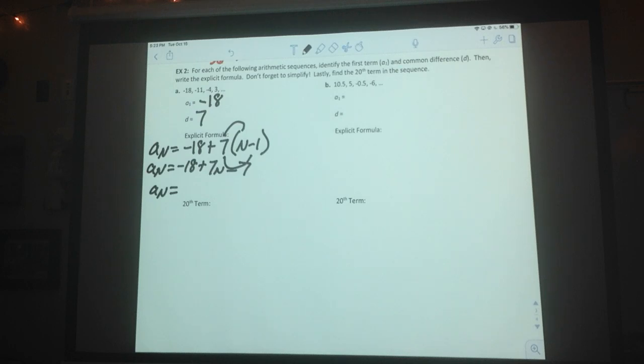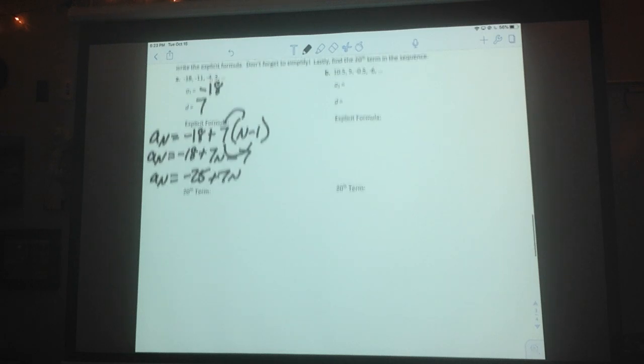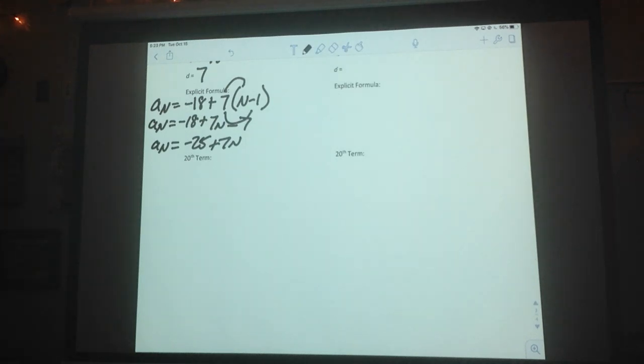Negative 18 and negative 7. If I owe mom $18 and I borrow another 7, how much do I owe mom? You got it. $25. So that's negative 25 plus 7n. That is the formula simplified. Now, it wants us to find the 20th term. I told you I'm going to do it twice.